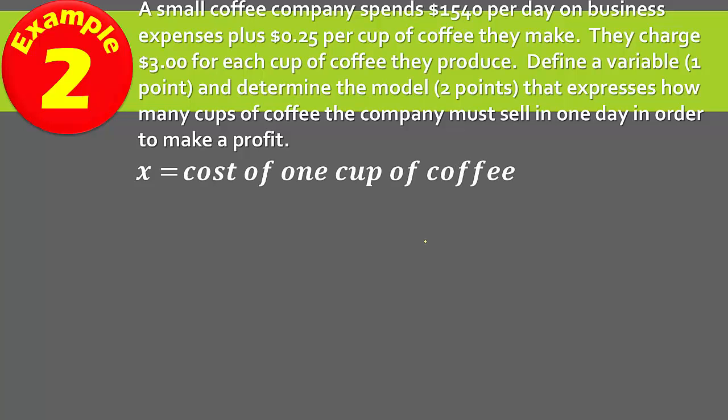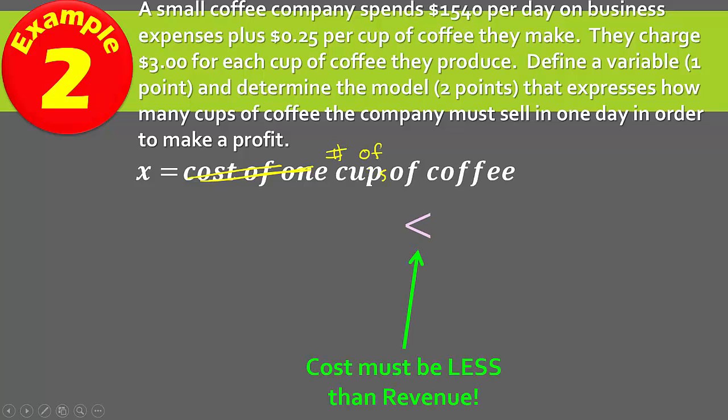Our variable is going to be the cost of 1 cup of coffee. I shouldn't say the cost so much as it's the number of cups of coffee. Let's change that. Number of cups of coffee. Alright, so the cost must be less than the revenue.